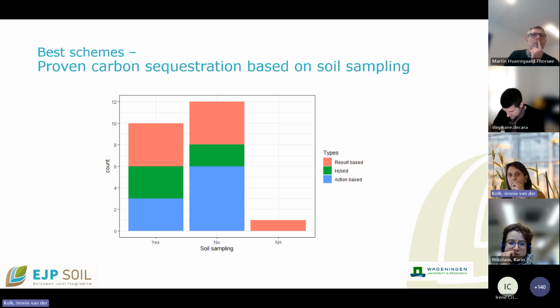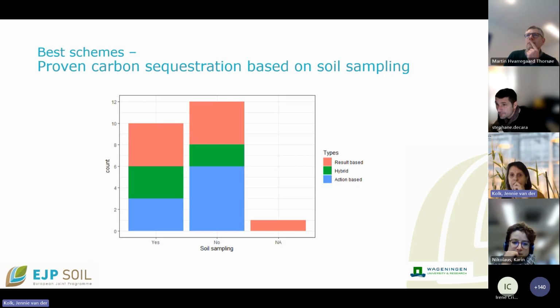Then there's the question: how can you prove that there's carbon sequestration? The most general way to do it is to take soil samples. This is for the best schemes, so the top 23. And here you see that in more than half of the schemes, there's no soil sampling.